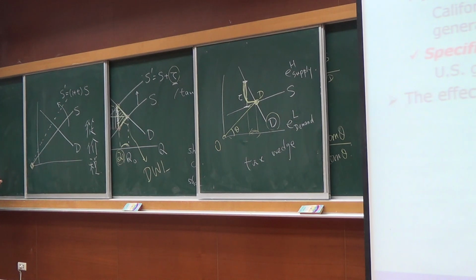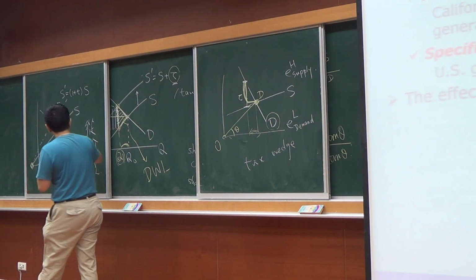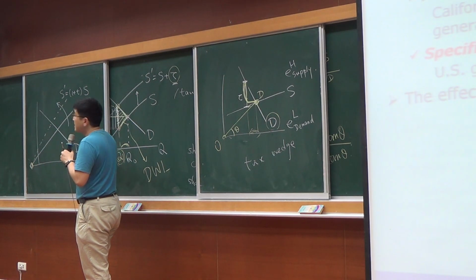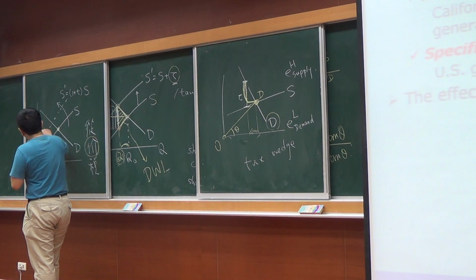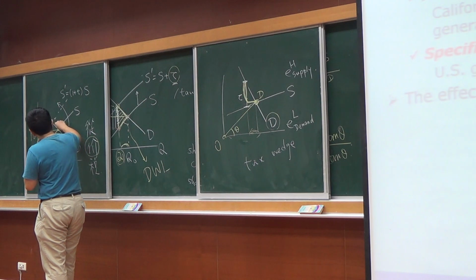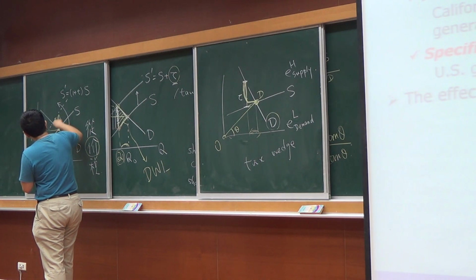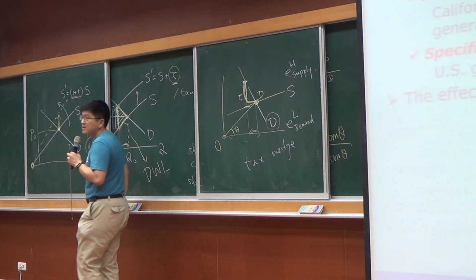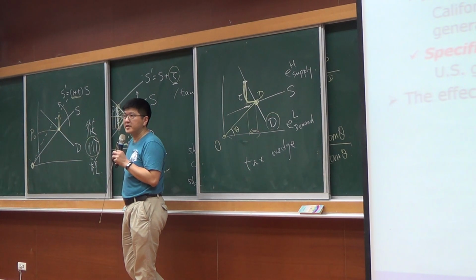Using this as the pivot, the supply curve rotates upward, or rotates counterclockwise. Okay? Because it is about the price. So for the initial price P0, now you are taxed by a proportion 1 plus T. T is the tax rate.